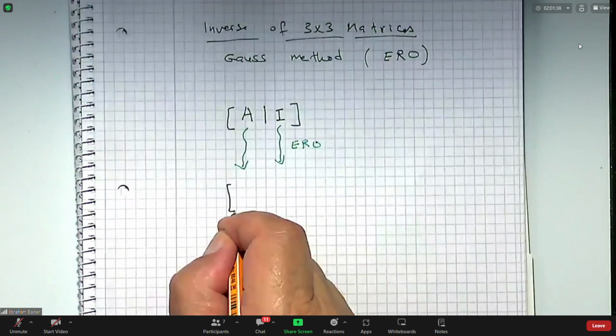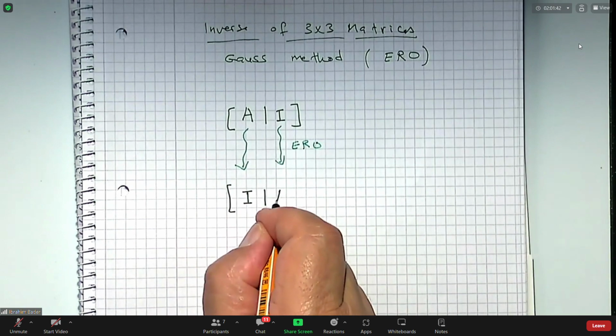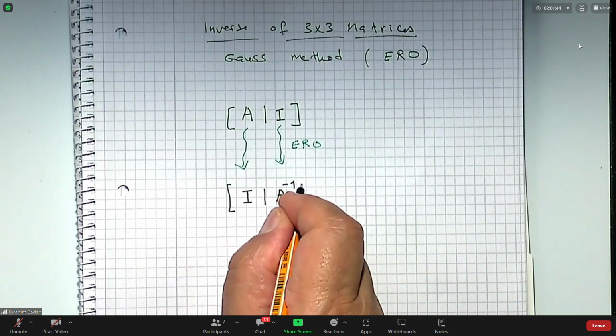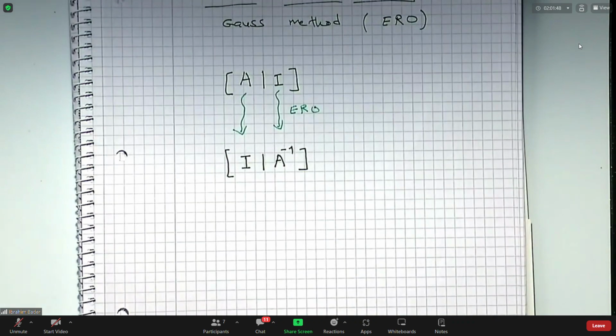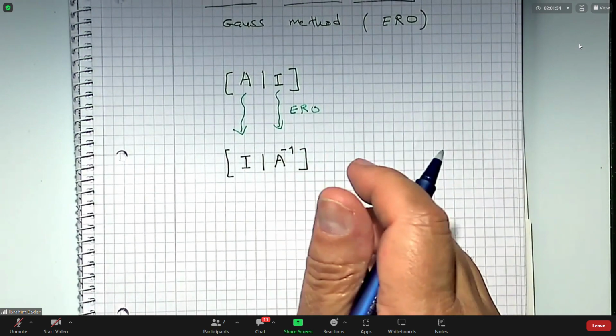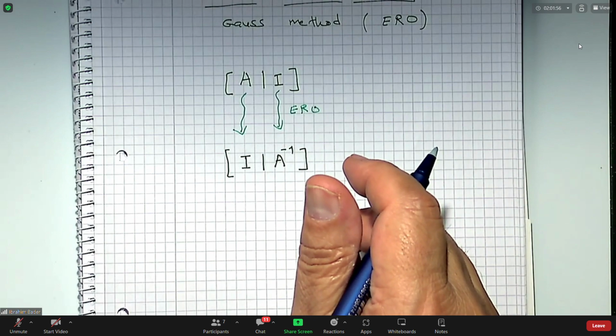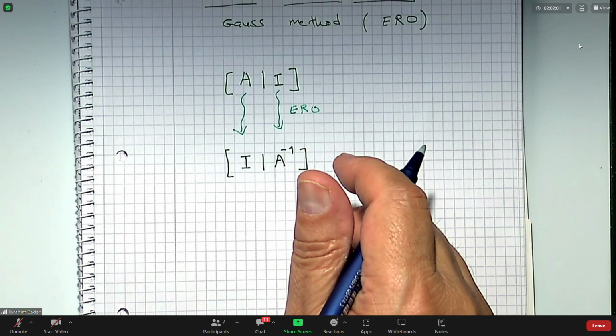Here we need to get the identity to the left, and what we get to the right is the inverse of the matrix. So reduce until you get the identity to the left, and this is the so-called Gauss method for evaluating the inverse.